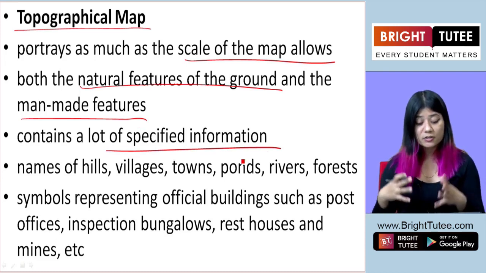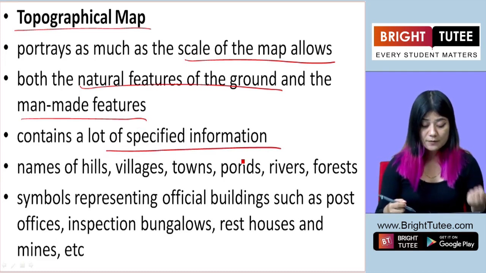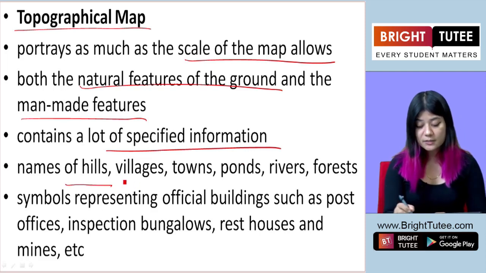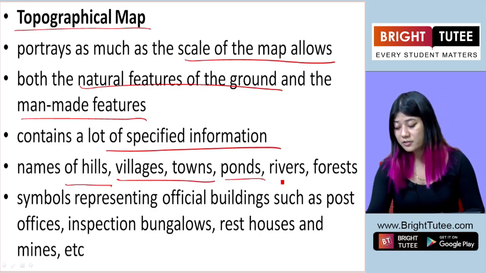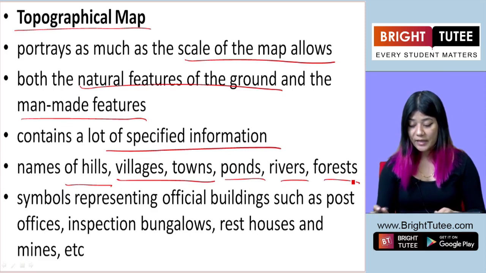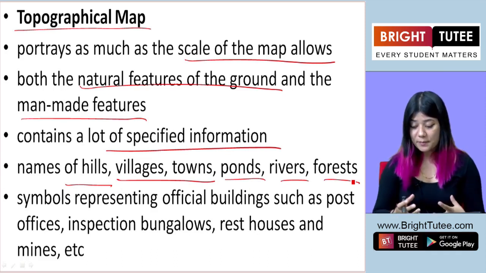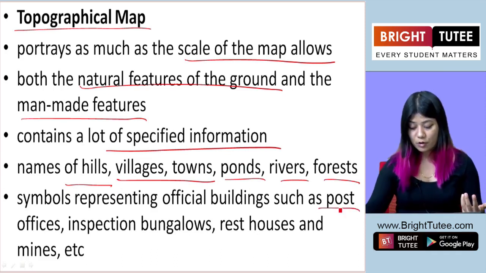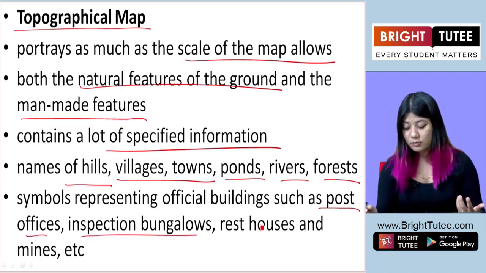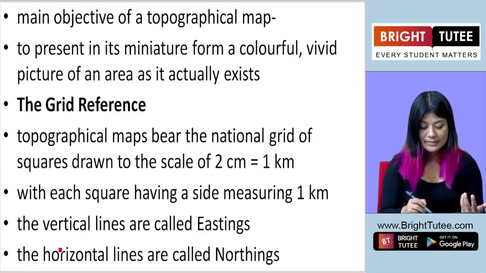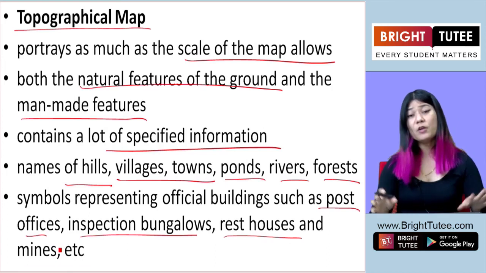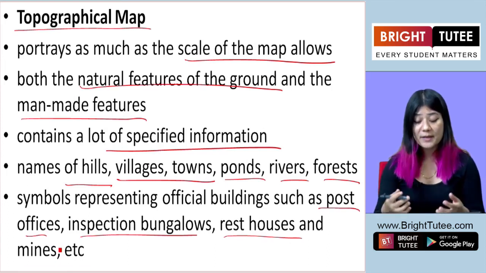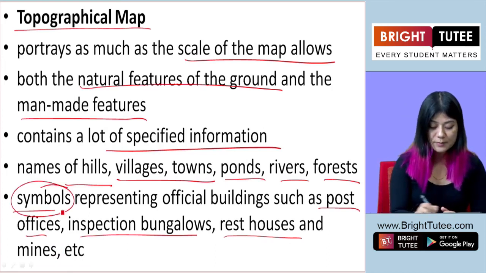Topographical maps are very detailed and contain lots of information, like names of hills, villages, towns, ponds, rivers, forests, etc. And they also use a lot of symbols to show post offices, inspection bungalows, rest houses, mines, etc. All features shown on the map use symbols to represent them.